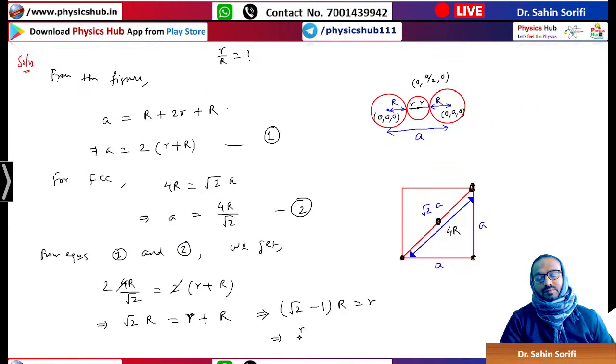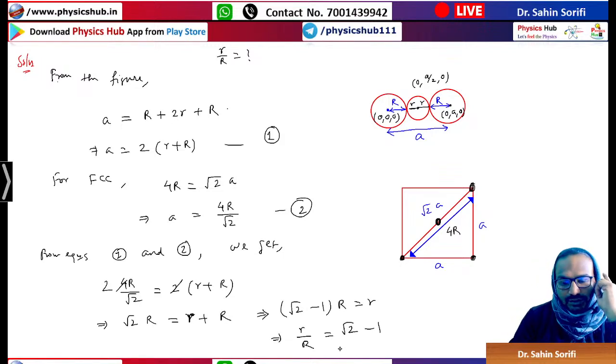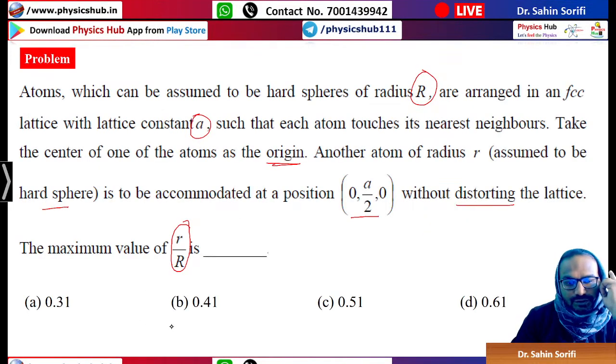Therefore small r by capital R is equal to root 2 minus 1. The value of root 2 is 1.414, so 0.414. This matches with the option.